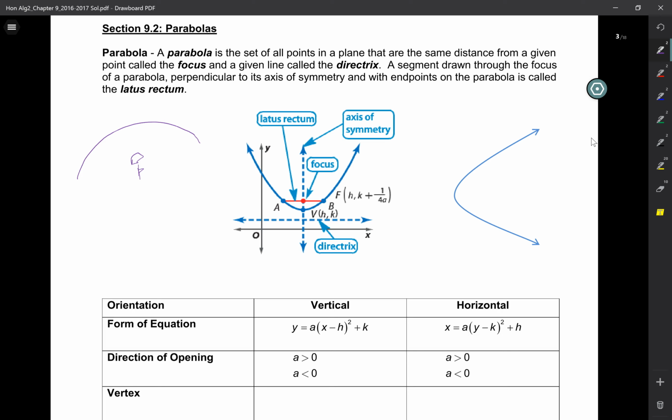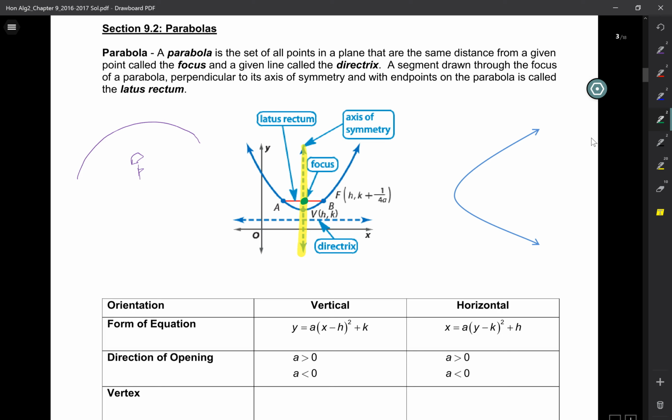Okay, so why? Because if you have a parabola, we've seen this before, right? There is a line that goes through the center of the parabola, and we call that the axis of symmetry. On that axis of symmetry, there is a point here that's called a focus, right there.